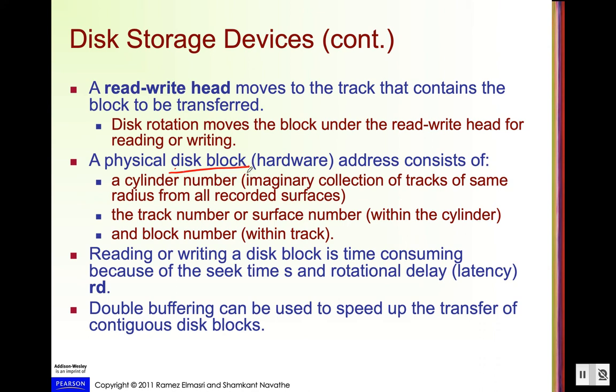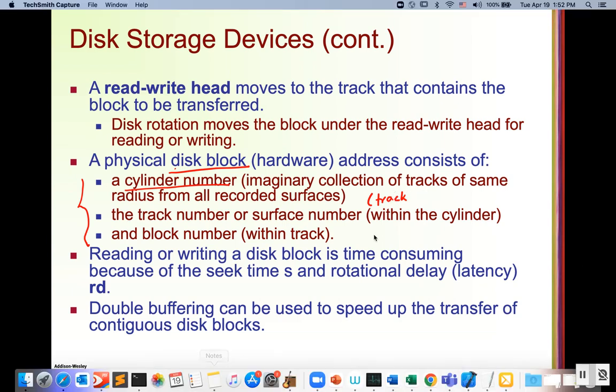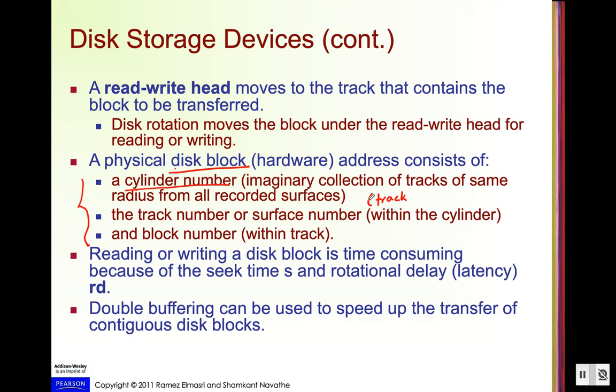Each disk block has an address consisting of a cylinder number, which is an imaginary collection of tracks of the same radius, then a track number and a block number.